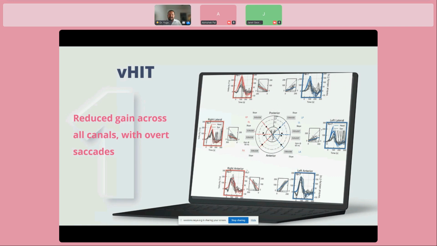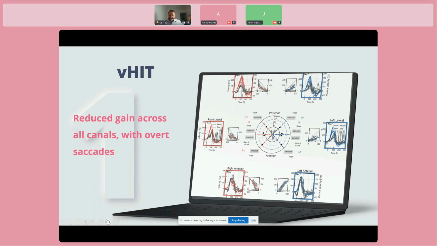And now we have the fancy vHIT. I don't know how many of you are comfortable reading the graph. Here you can see this is 0.5 gain, and almost all active movements did result in a reduced vHIT gain. That indicates that all canals, except for this particular one, right anterior, almost all canals have been affected dramatically.